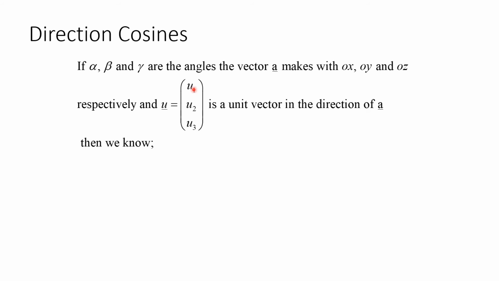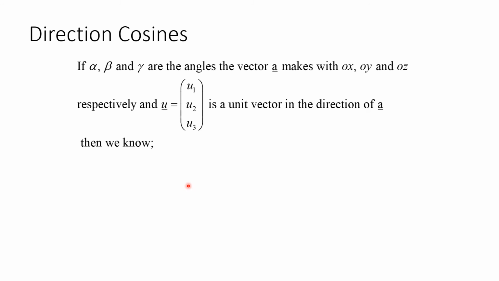And U, which is another vector, is a unit vector in the direction of A. So there are two vectors involved here: A, which has angles alpha, beta, and gamma with axes x, y, and z respectively, and vector U, which is a unit vector in the direction of vector A.